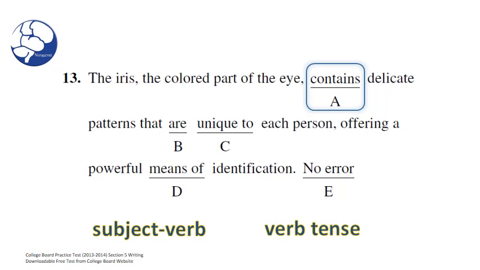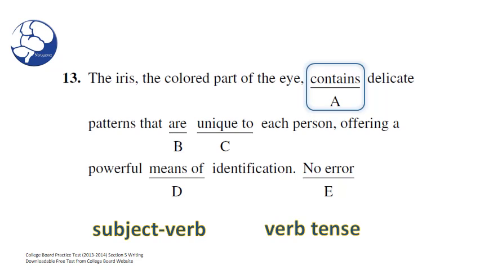Also, we have to do a verb tense check. If you look at the sentence, you'll see that it's a factual statement. Why is that important? Well, factual statements, in theory, are forever true. This is why when we describe characters in books, we also use the present tense, because we're talking about something that holds true forever and ever.